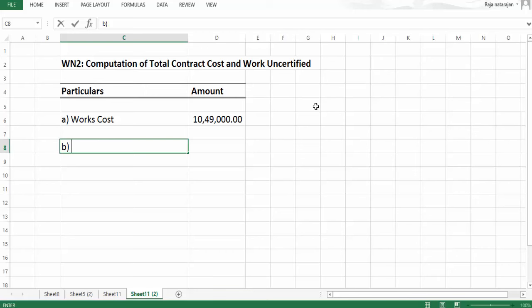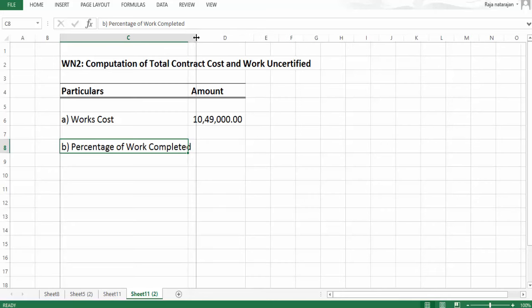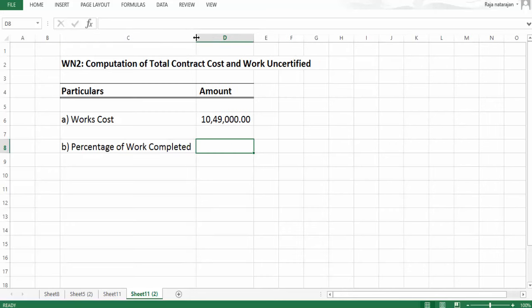We have in the question percentage of work completed. We have the percentage of work completed as 2/3. So I'm going to say it is 2/3, or let me put it mathematically, 2/3 is equal to 2 divided by 3. Sorry for that. 2 divided by 3 is 0.67.